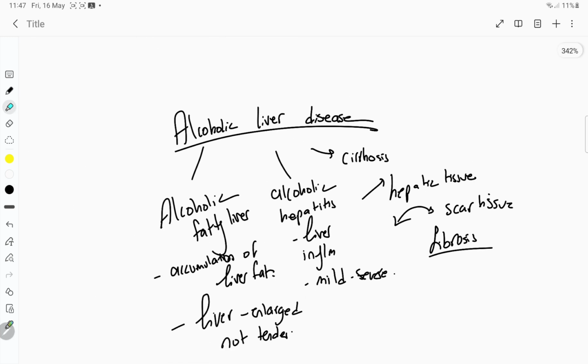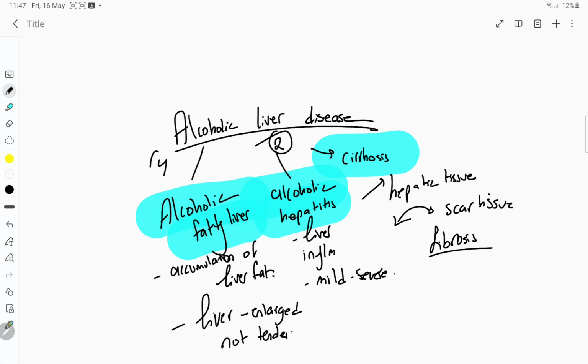So we have three alcoholic liver disorders: alcoholic fatty liver, alcoholic hepatitis, and cirrhosis. Alcoholic fatty liver can be reversed, while cirrhosis is a permanent disorder.